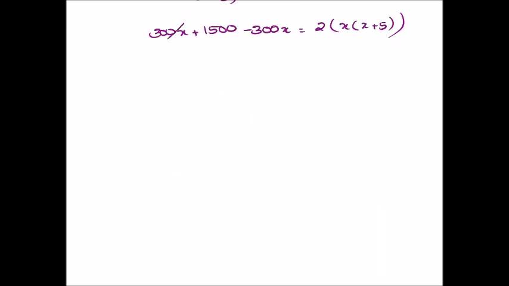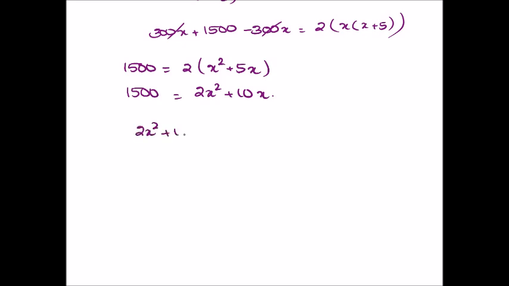Here the 300x and 300x cancel. So 1500 is equal to 2 into x square plus 5x. That's equal to 1500 is equal to 2x square plus 10x. So rearranging we get 2x square plus 10x minus 1500 is equal to 0.